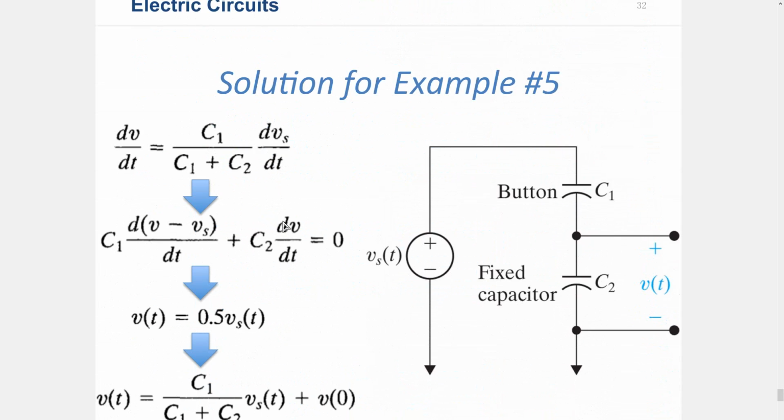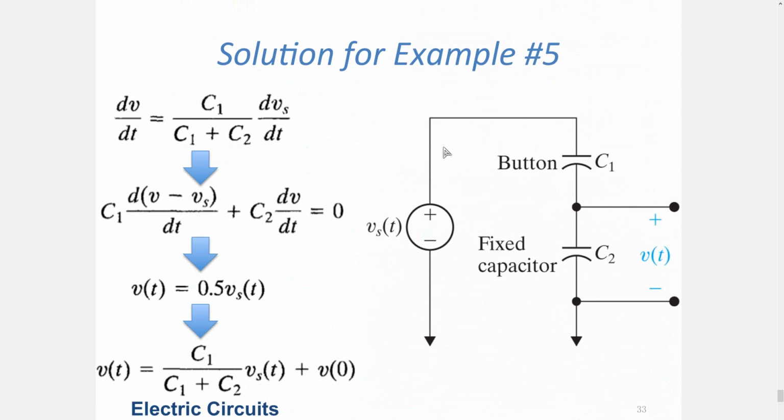If you think of it like a voltage divider and do the math, dV over dt will be C1 over C1 plus C2 times dVs over dt. So there will be some voltage division between C1 and C2. From here, C1 times d(V minus Vs) over dt plus C2 times dV over dt equals 0.